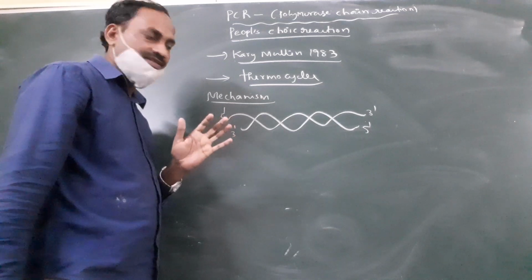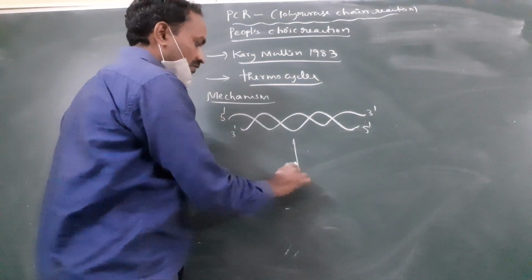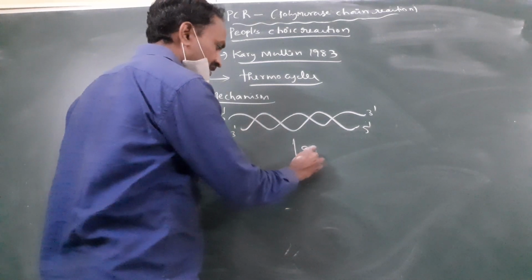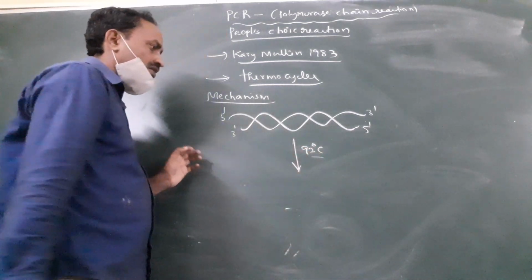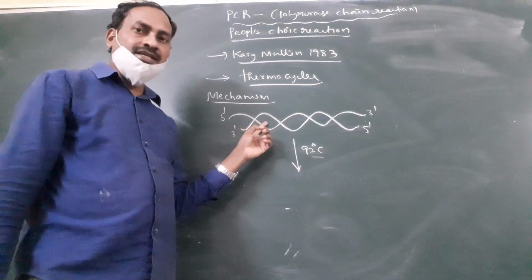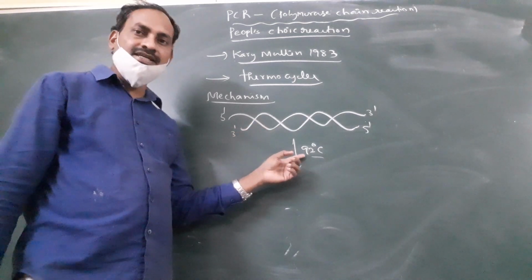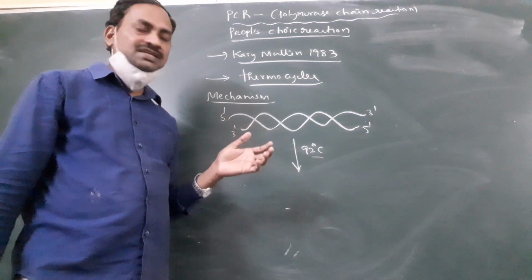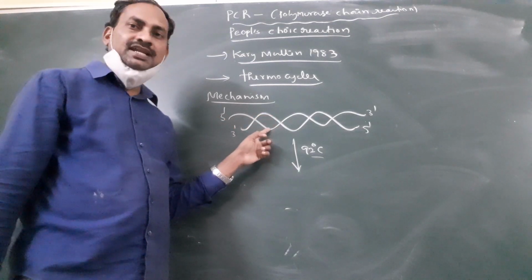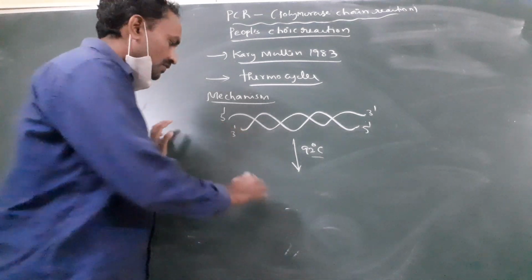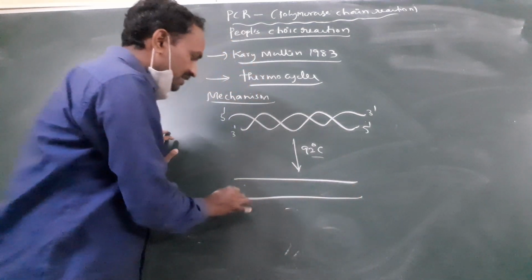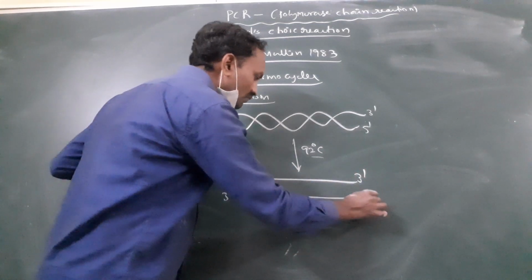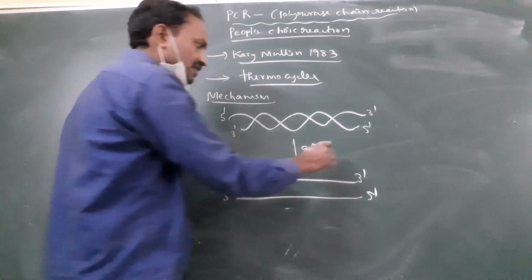Expose it to heat, 90 degrees centigrade. When you expose this double-stranded DNA to 90 degrees centigrade, it undergoes denaturation. What is denaturation? The separation of the two strands of DNA is called denaturation. So we get separated DNA strands.